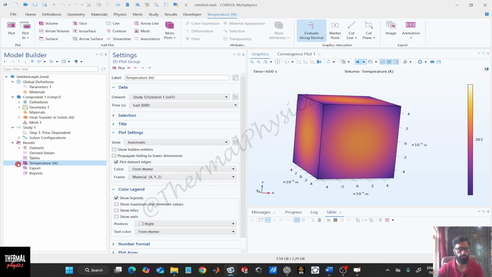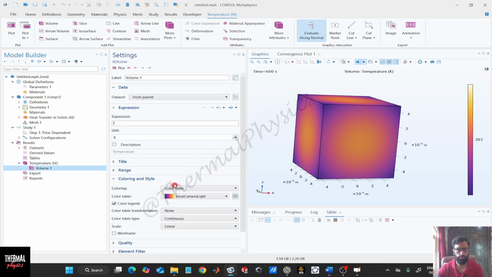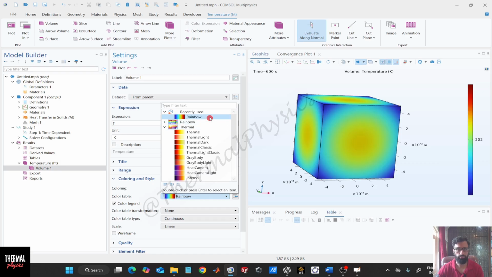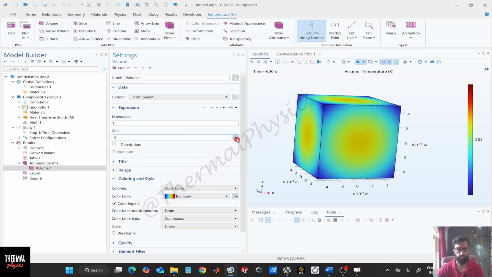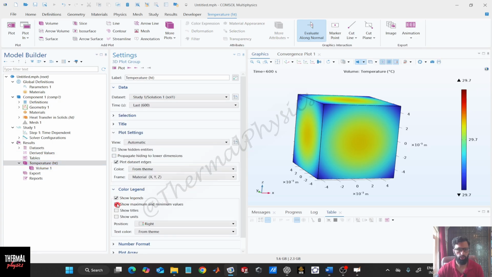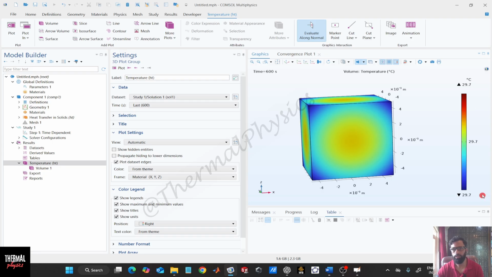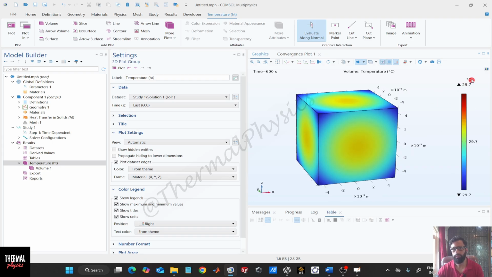When we compute, first of all, we'll change units to degrees Celsius. Let's change color as well. So temperature will be in degrees Celsius. Then we will show maximum, minimum, we'll show units, we'll show titles. We now have this progress bar, and we have this temperature.